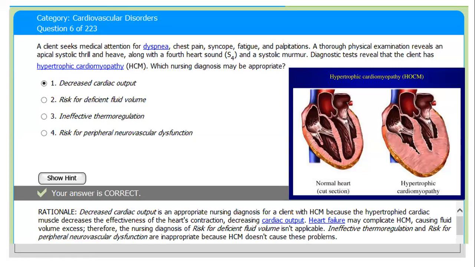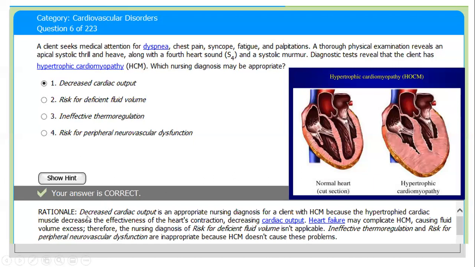Most people may not have any symptoms, and a few may develop symptoms which are progressive and can cause serious heart disease. Definitely the normal heart pump and cardiac output will not be like this, so cardiac output will be decreased.